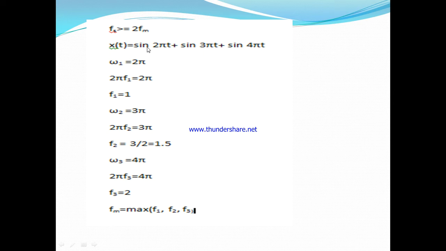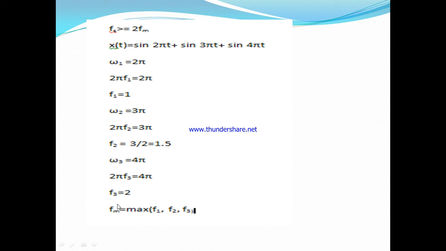So we are calculating the frequency for each and every signal. First, omega 1 equal to 2 pi, so 2 pi f1 equal to 2 pi, so f1 equal to 1. Again for this signal omega 2 equal to 3 pi, 2 pi f2 equal to 3 pi, so f2 equal to 3 by 2 equal to 1.5.